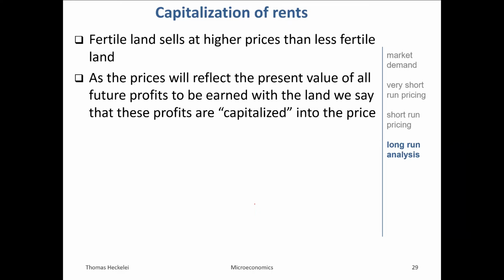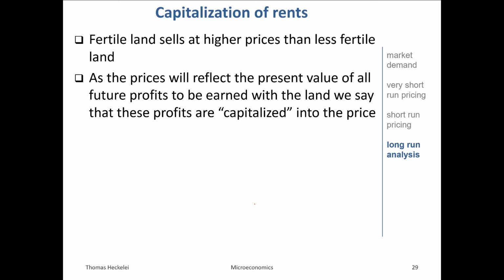The reason is that the moment they determine the price for the land they want to sell, they already take into account all the possible profits that could be earned from the land. That's incorporated in the price that they bid on the market already.